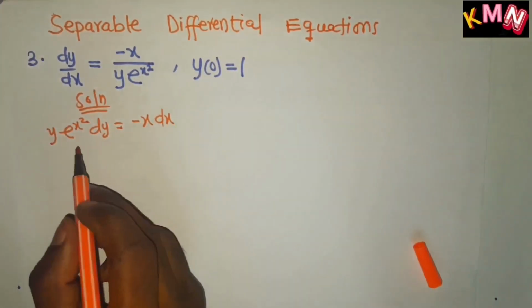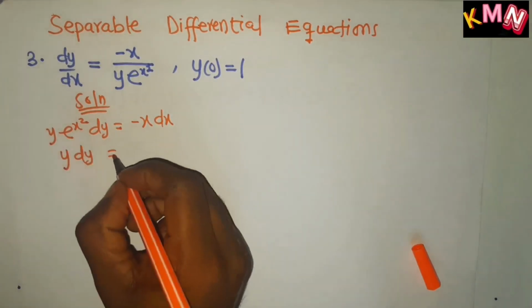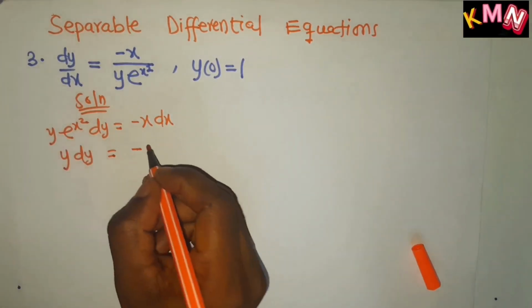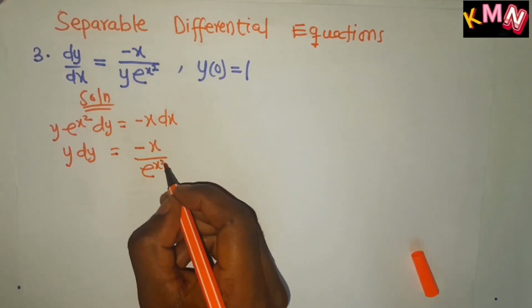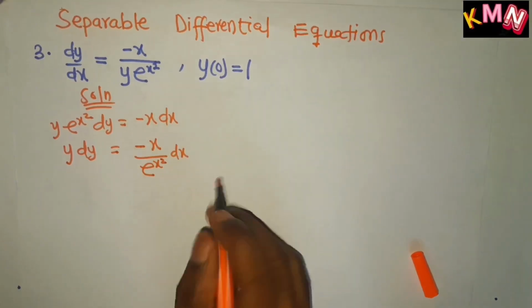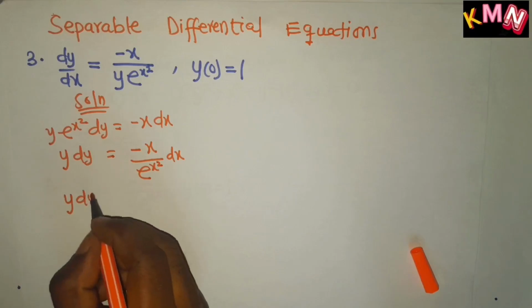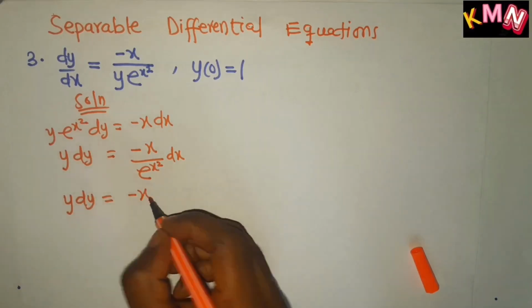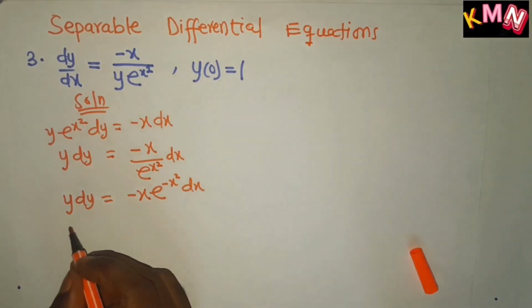After that, we can see clearly that we can just get rid of this, and that gives us y dy equals negative x on e power x squared dx. And since this is an exponential function, you can move it up, and that will give us y dy equals negative x e power negative x squared dx. So now let's integrate.